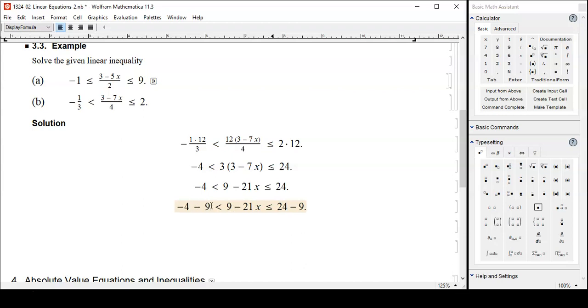No, let's just keep it like that, and then let's just take an extra step. Negative 13. Wait a minute, I didn't erase it completely, sorry about that. Negative 21x. And then that is 24 minus 9, 15. Did I do the math correctly? I hope I did right.